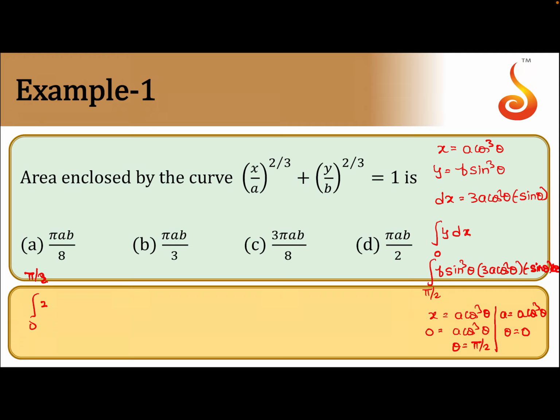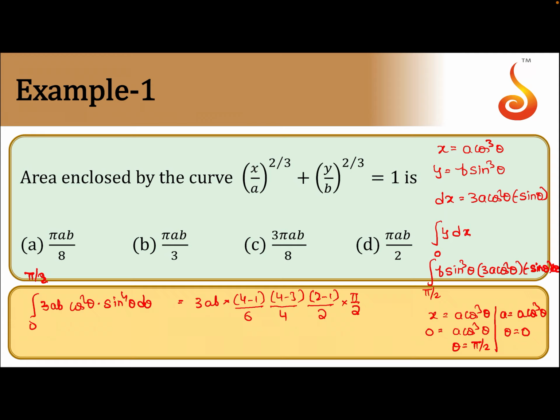This is nothing but 3ab integral of cos square theta into sin to the power 4 theta d theta. Applying the formula, this can be written as (4 minus 1) into (4 minus 3) into (2 minus 1) divided by 6 into (6 minus 2) which is 4 and (4 minus 2) which is 2, into pi by 2.